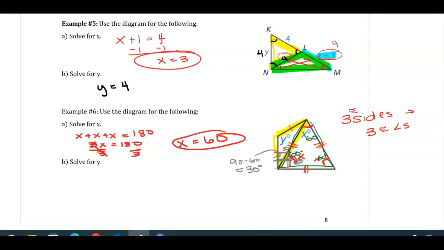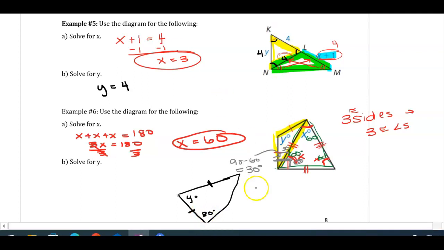Let me go ahead and draw this out a little bit easier. So this is y degrees. We know this side and this side are equal, and I just found that this is equal to 30.